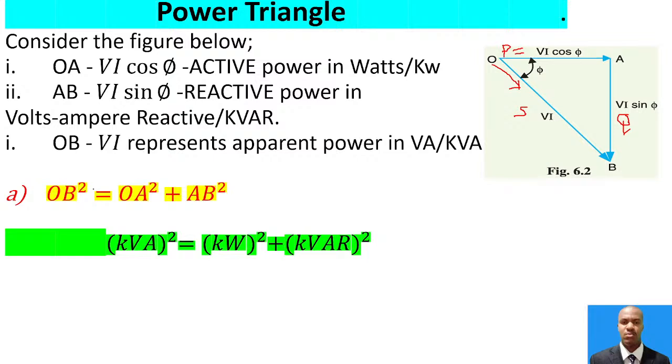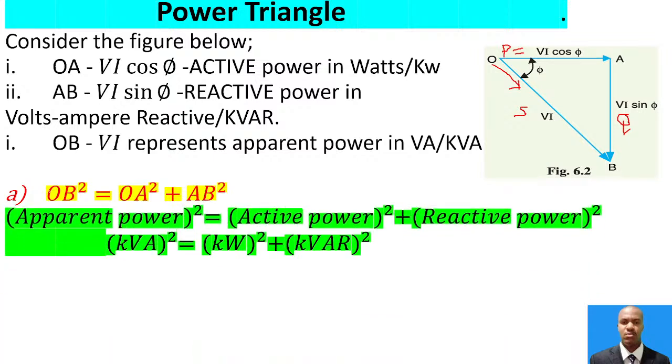So OB squared is equivalent to OA squared plus AB squared, and this is simply by use of the Pythagoras theorem. In other words, apparent power squared is equivalent to active power squared plus reactive power squared. In terms of units, this is kVA squared equals kW, that is kilowatt, squared plus kilovolt-ampere reactive squared.